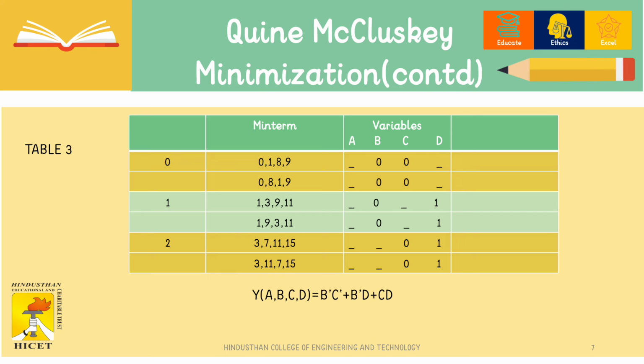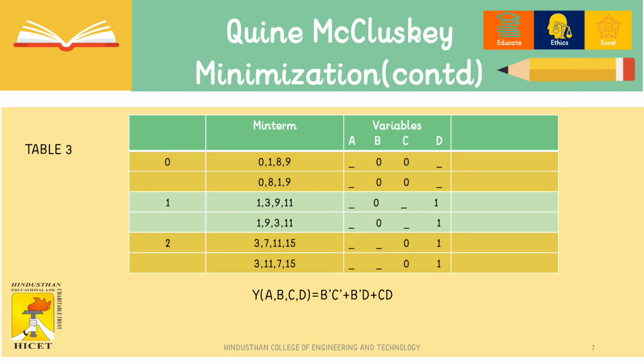You should have already placed a tick mark for all the terms in table 2 as all the groupings have been compared and used for creating table 3. So now only in table 3, these three terms are left without a tick mark. So we take these three terms into account.